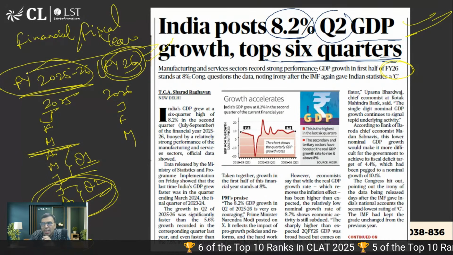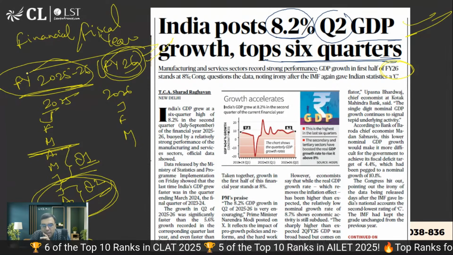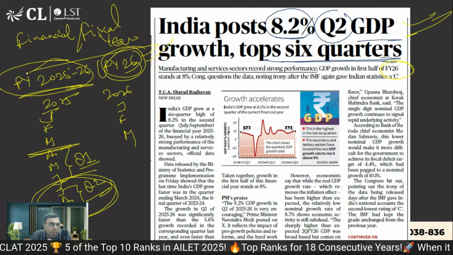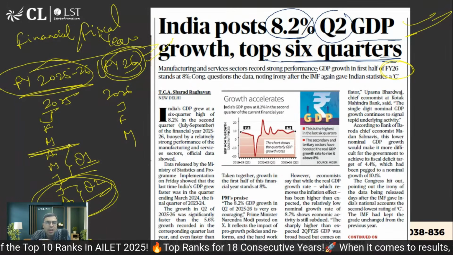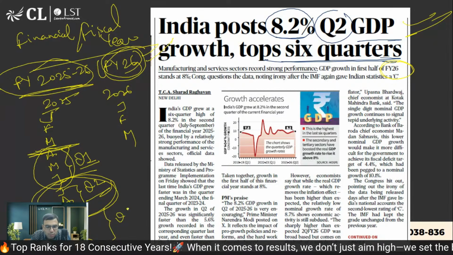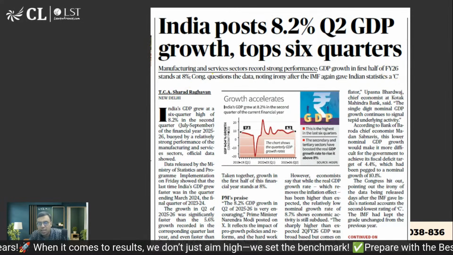ये clear है कि नहीं? पहले quarters clear हुआ कि नहीं? So quarters means 1/4 of a year. If 1 year has 12 months, 1 quarter will have 3 months. Q1, Q2, then Q3 is October, November, December, and Q4 is January, February, March. Clear? Hopefully.